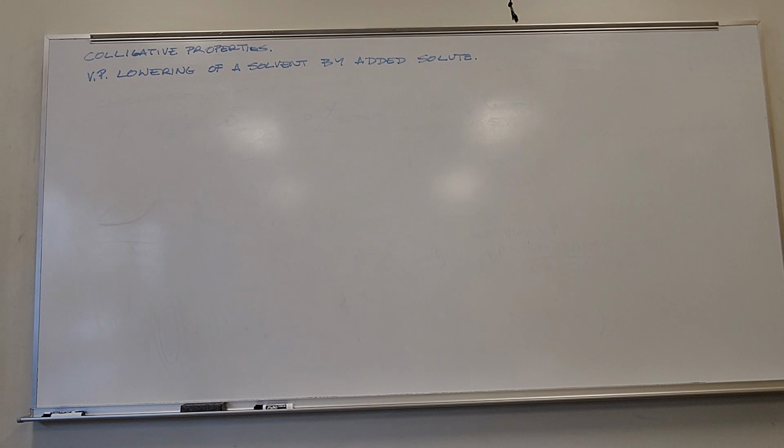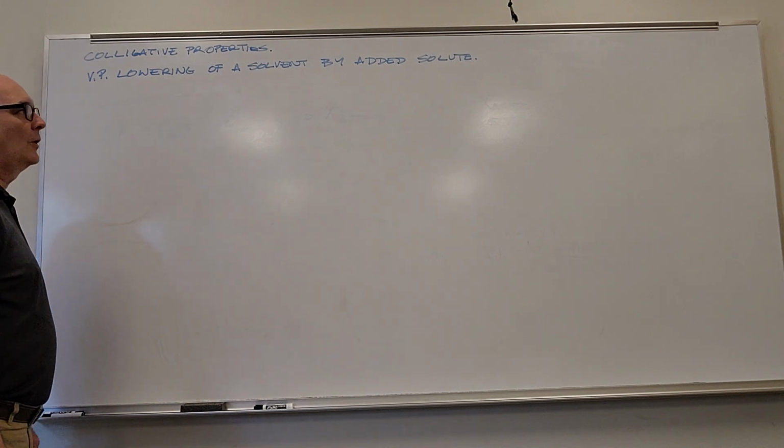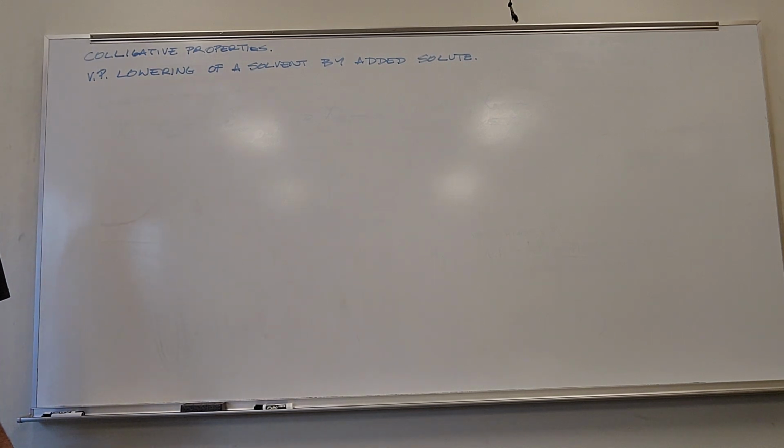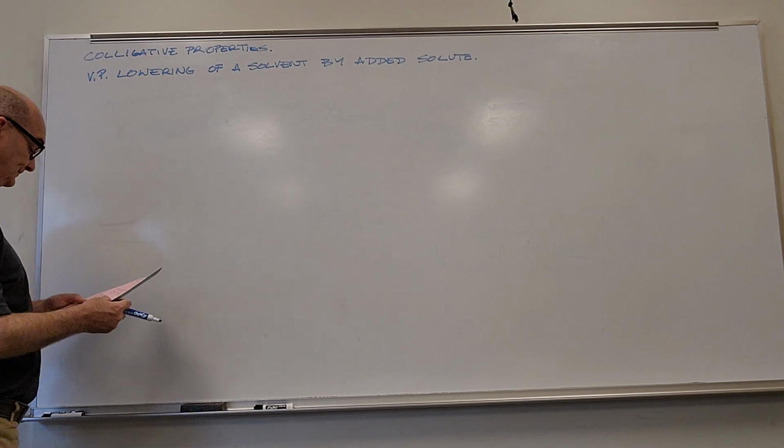When you add a solute contaminant, you are basically blocking the path. It's almost a physical property here. You are blocking the path of evaporation of the previously pure material.